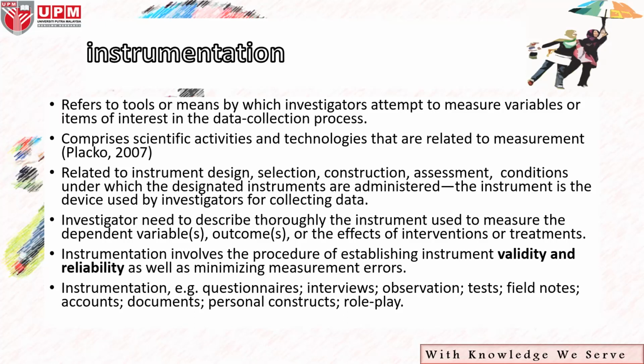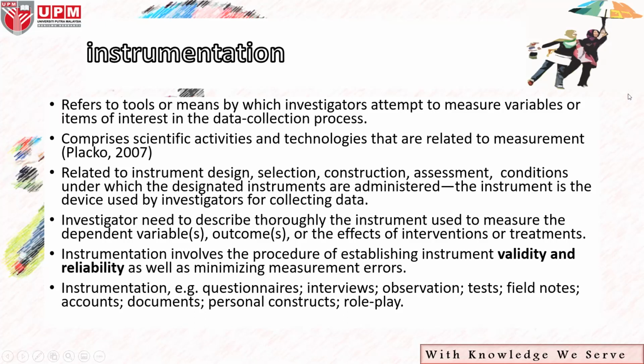Instrument is referring to the tools or means by which investigators attempt to measure variables or items of interest in the data collection process. It comprises scientific activities and technologies related to measurement. It is related to the design: how we design the instrument, how we select, how we construct, how we assess the condition under which the designated instruments are administered.